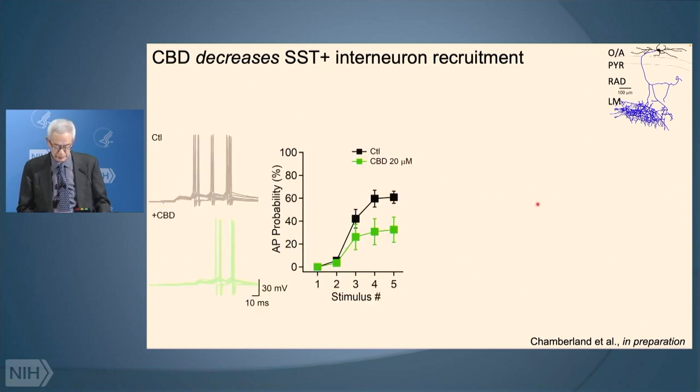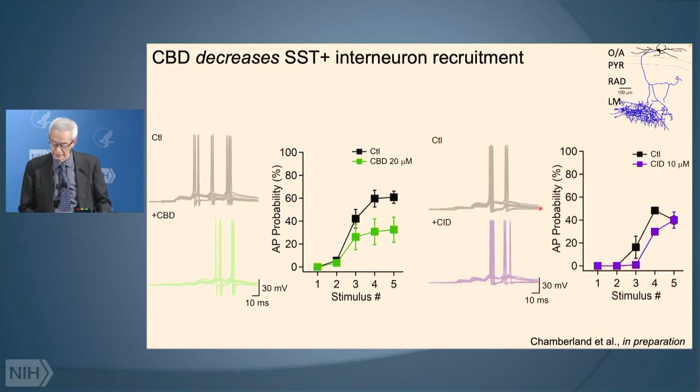So when we apply CBD here, we see the exact opposite of what we saw for the PV neurons. Instead of these neurons firing more to increase inhibition, they are firing less. And that effect is also mimicked by CID. So the two interneuron types, the two main interneuron types are affected in opposite directions.